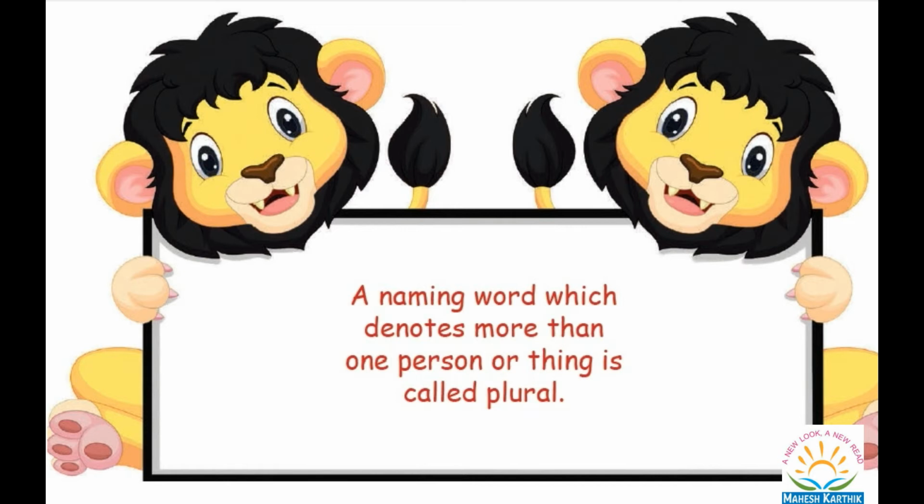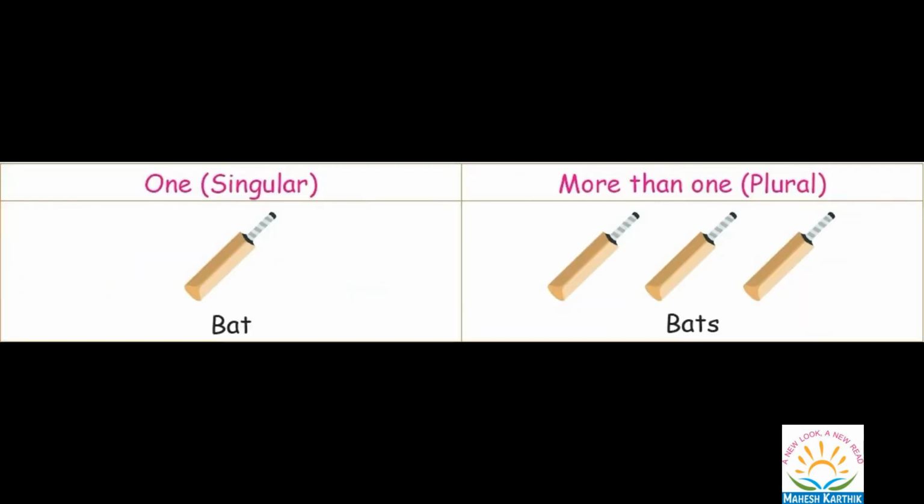Plural: a naming word which denotes more than one person or thing is called plural. Example for singular: bat.